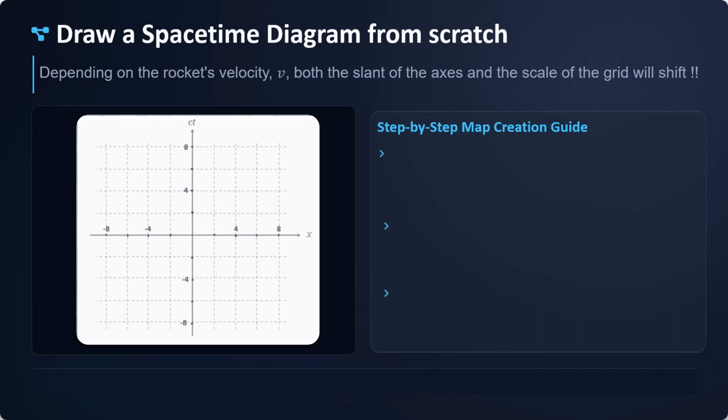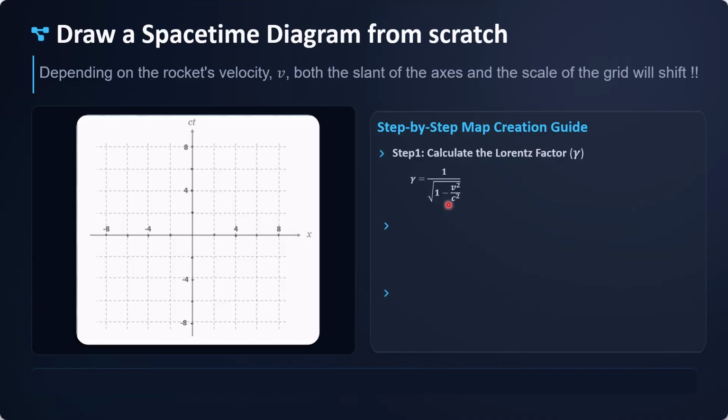All right, companions, now we're jumping straight into treasure number 1, training to draw a spacetime diagram completely from scratch. Look at the slide. Here is our key strategy. Depending on the rocket's velocity v, both the slant of the axes and the scale of the grid will shift completely. First, calculate our most critical parameter, gamma, the Lorentz factor.